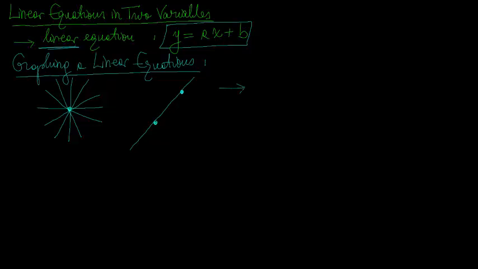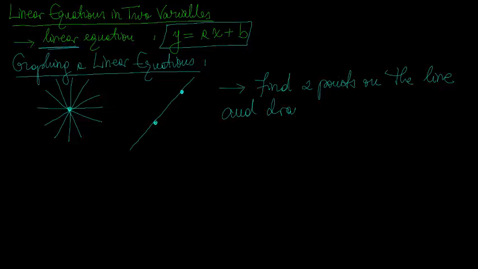Therefore, the technique we're going to use to graph a linear equation is simply going to be to find 2 points on my line, and draw the line through these points.